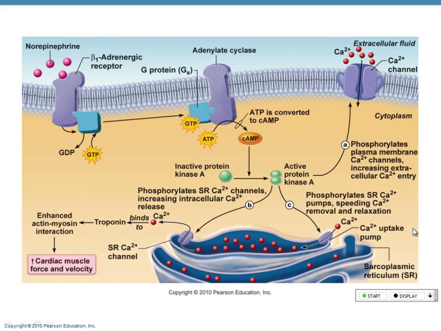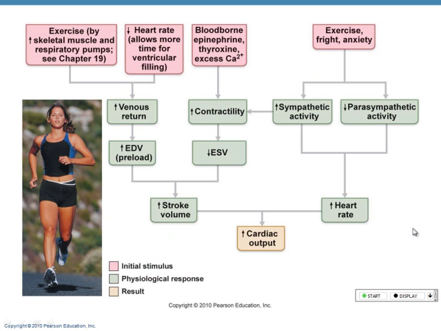Now, contraction strength is going to play a role in something called cardiac output and stroke volume. Now, cardiac output, what is that? It's the amount of blood pushed out of the heart during any given cardiac cycle.